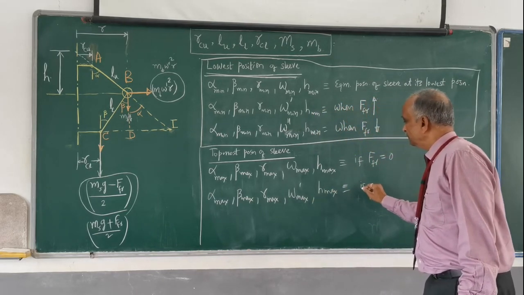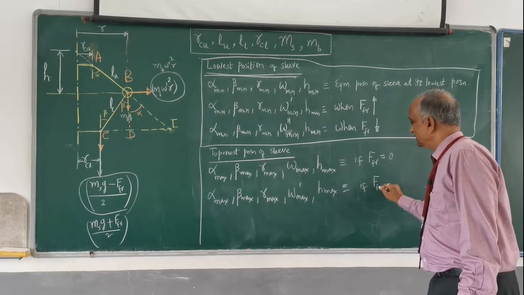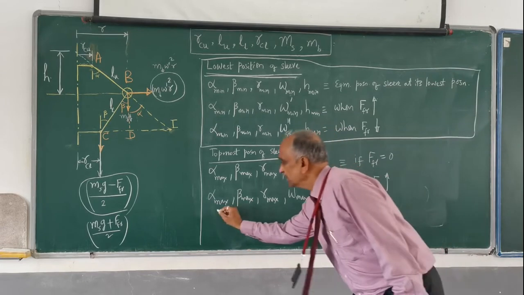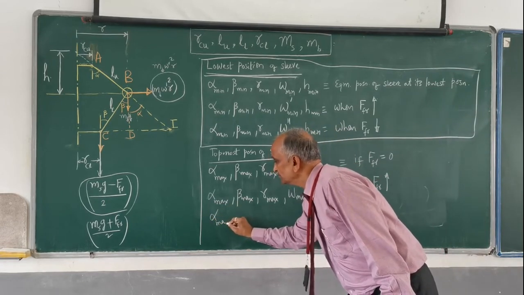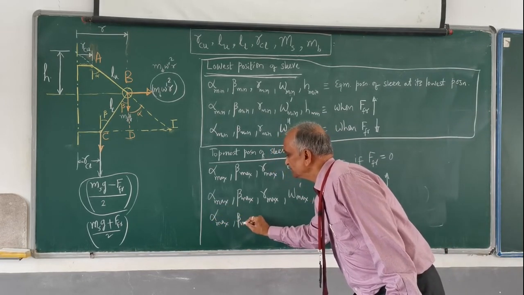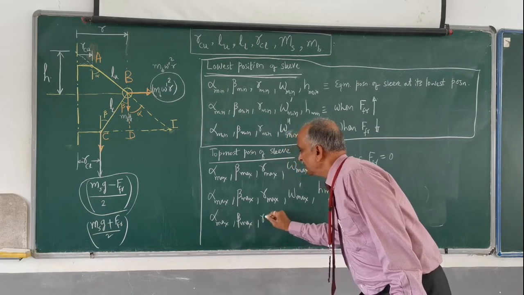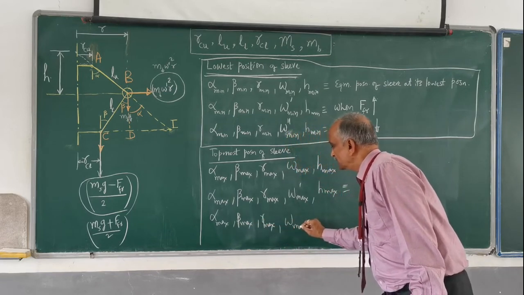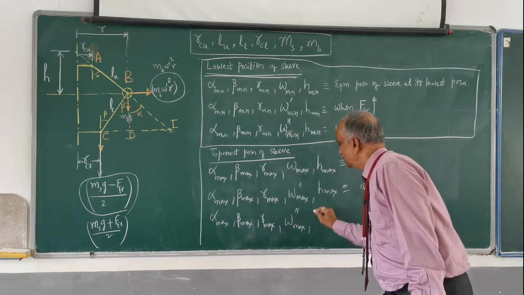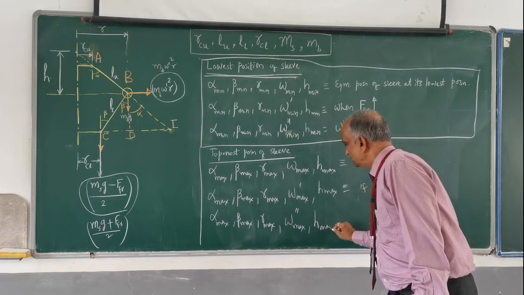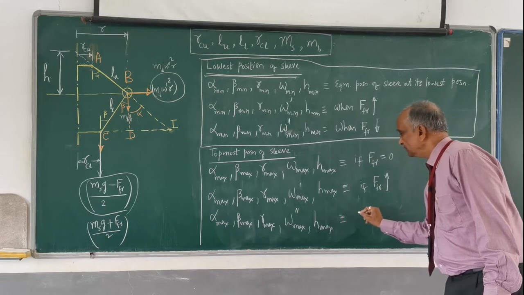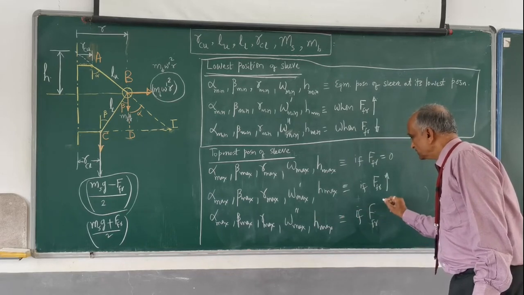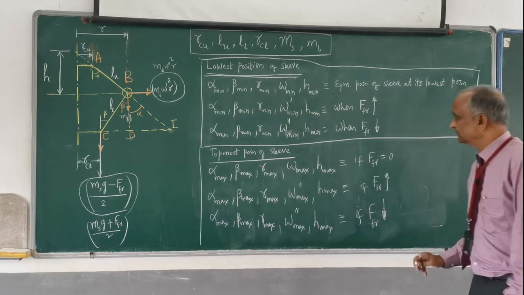This is if FR is in the upward direction. Similarly, alpha maximum, beta maximum, then R maximum, then omega maximum double dash and H maximum. This is if FR is in the downward direction.